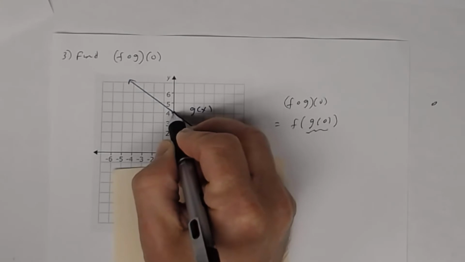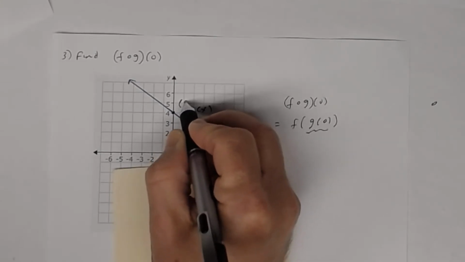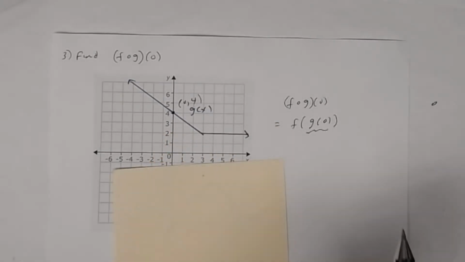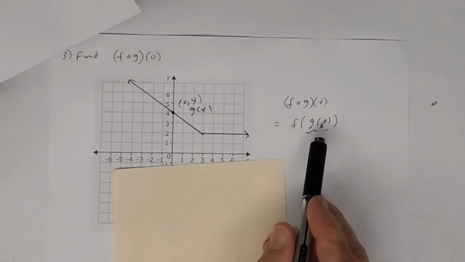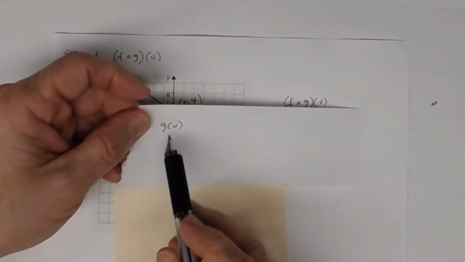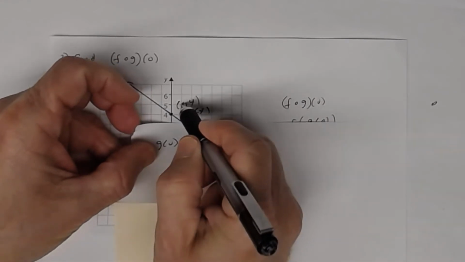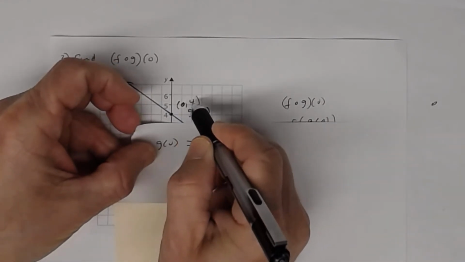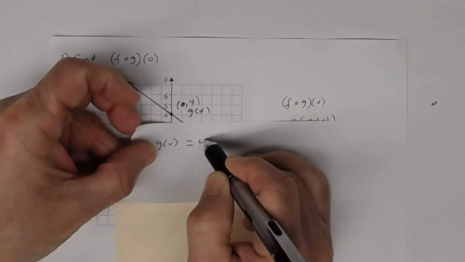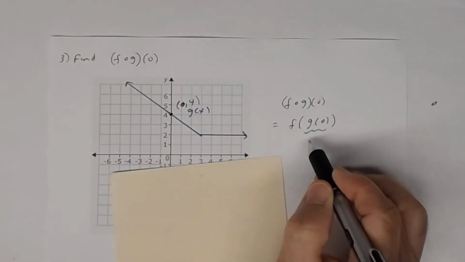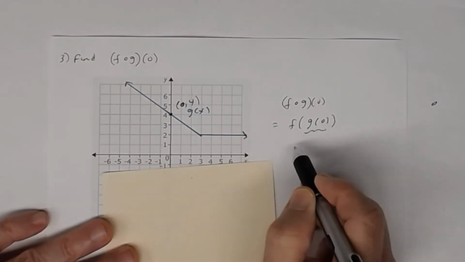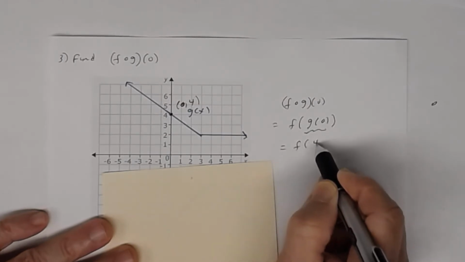If you label it, and it helps to label, this is (0, 4). So what I found is that when x is 0, my y value is 4. So g of 0 is 4. That becomes f of 4.